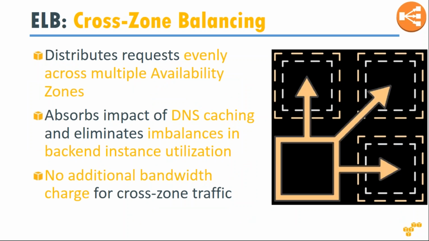So this is some more text which explains that there are no additional charges for cross-zone traffic. So go ahead and enable it if you are going to have imbalanced instances in two AZs. And DNS caching is something, if you are familiar with applications, where the DNS caches frequently requested domain names and also URLs, so it tries to send traffic to the same URL or domain name whenever it gets a request.